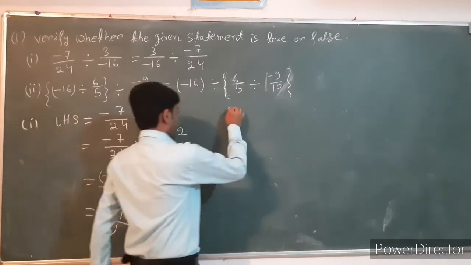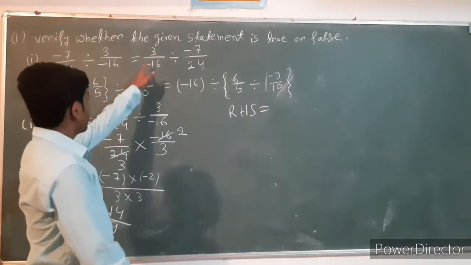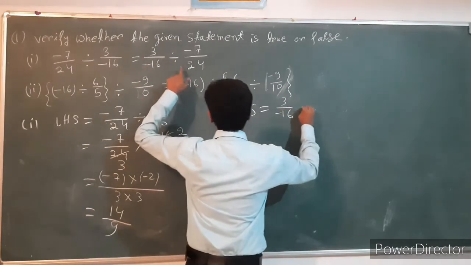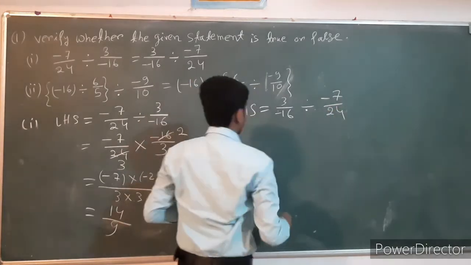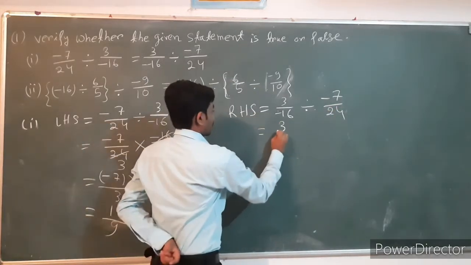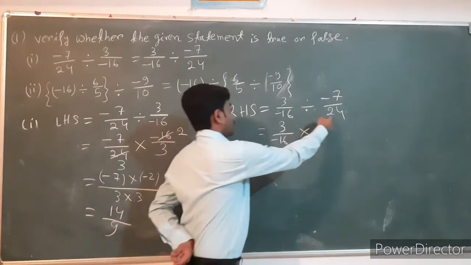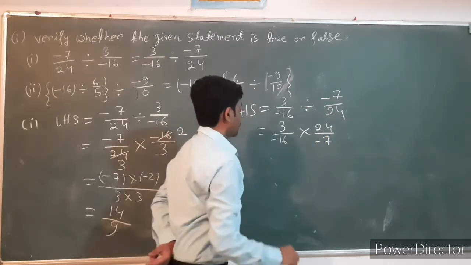Now RHS is equal to 3 upon minus 16 divided by minus 7 upon 24. So 3 upon minus 16 multiplied by 24 upon minus 7.